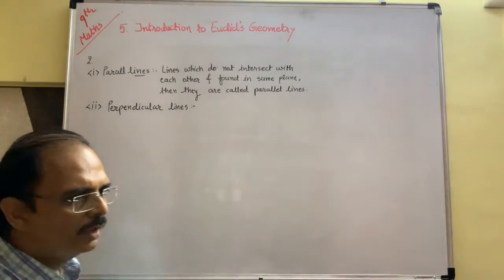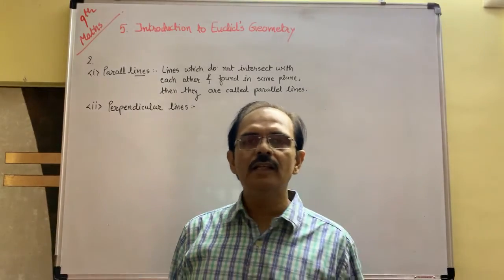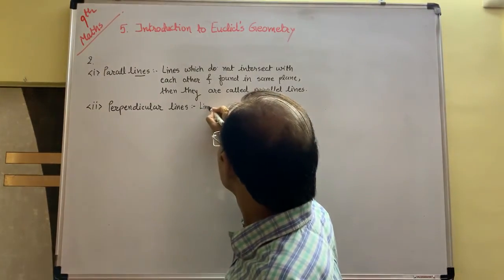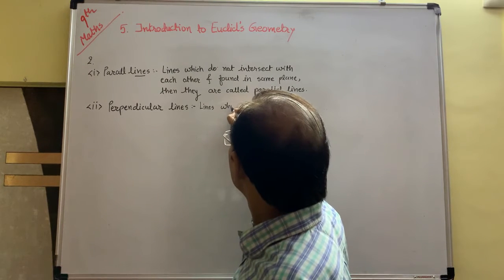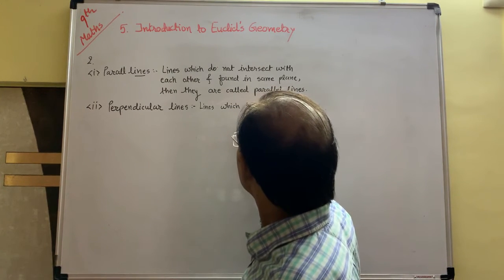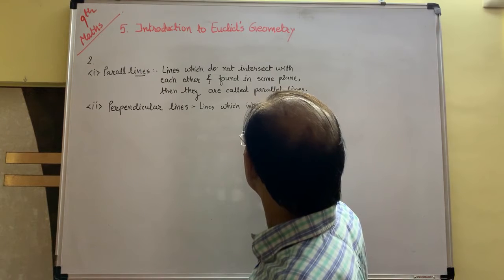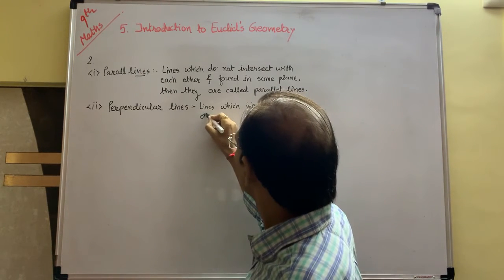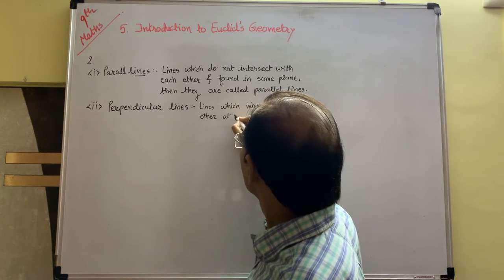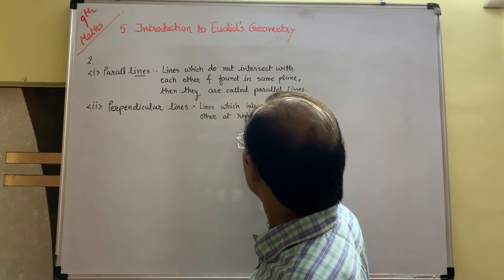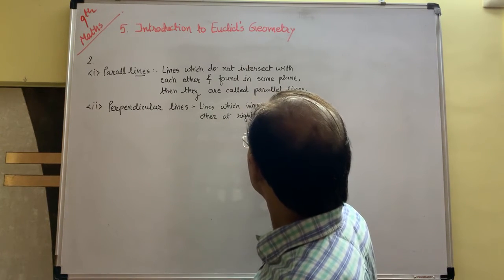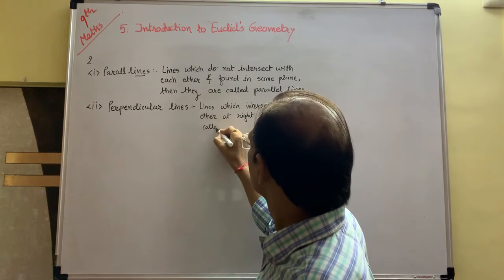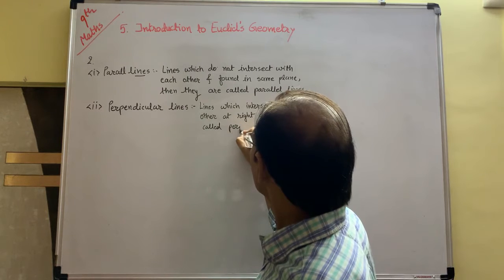You know, perpendicular means the lines which intersect each other at a right angle. Lines which intersect each other at a right angle are called perpendicular lines.